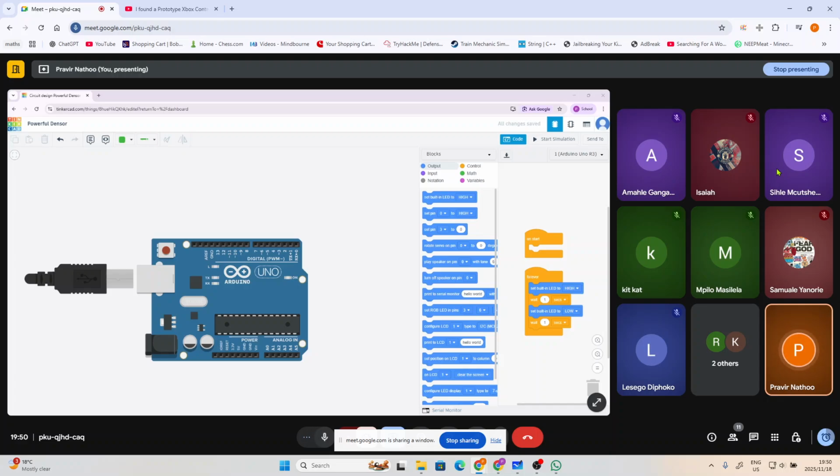Your inputs can be a button, a switch, an LDR, a potentiometer. Your outputs, think your LEDs, your motors. Your process is the code itself. What the code does is it takes your inputs and turns them into an output.